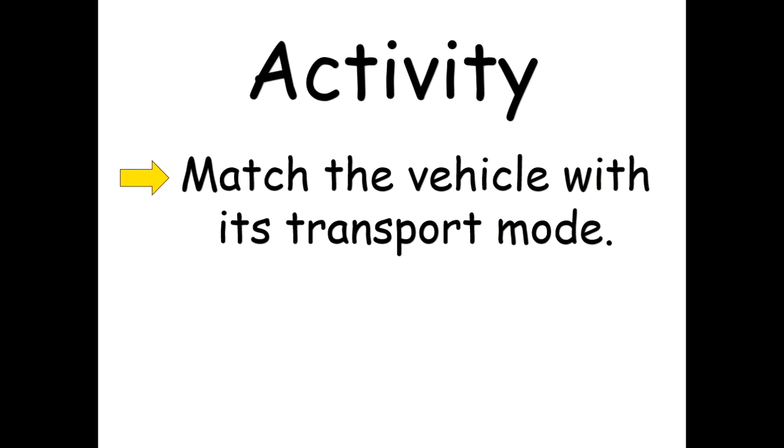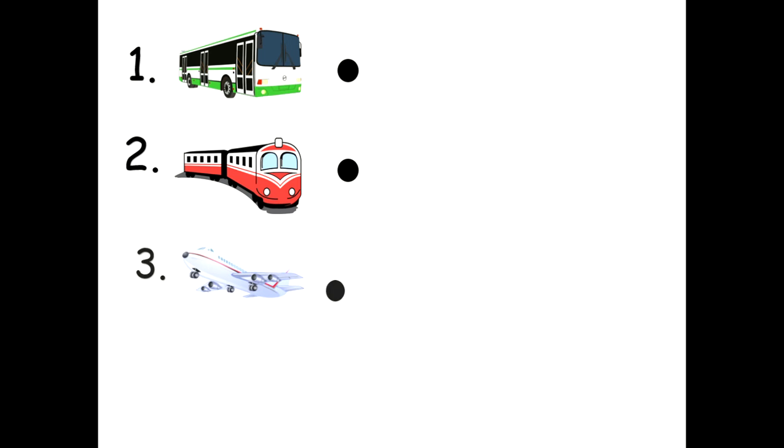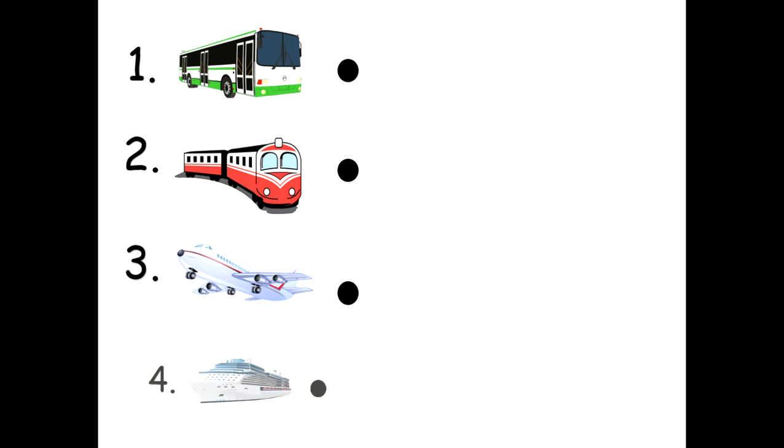Now, for your activity, match the vehicle with its transport mode. For example, number one, a bus. Number two, a train. Number three, a plane. Number four, a ship.